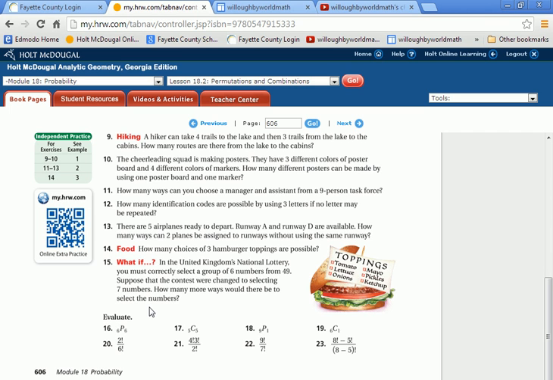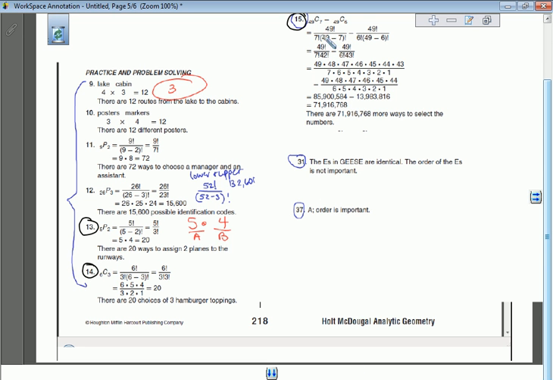Okay? So we're going to do the combinations of, we have 49 numbers to choose from, but we only get to choose 7. This gives us the total number of possibilities, the number in our sample space, when we're choosing 7 numbers.